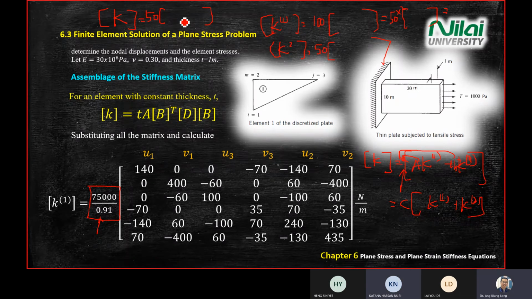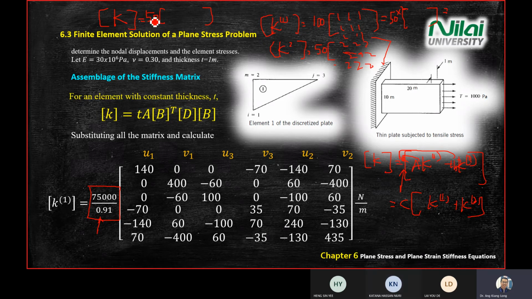Yes. Wait, the first K was 100, right? Yeah, 100. Let's say your first element matrix is 100 times all the matrix there. So let's say you get 1, 1, 1, 1, 1 like that. Then for this one you get 2, 2, 2, 2 inside. When you combine these two, you need to make sure the constant in front is the same.